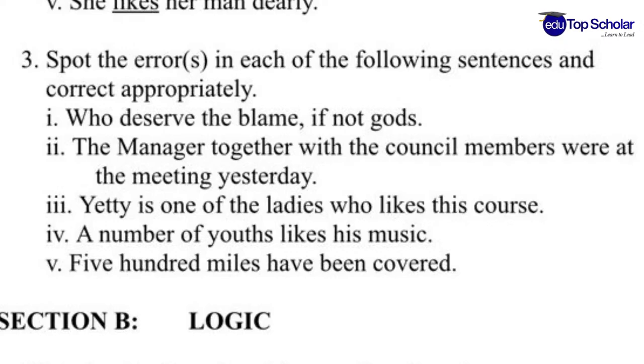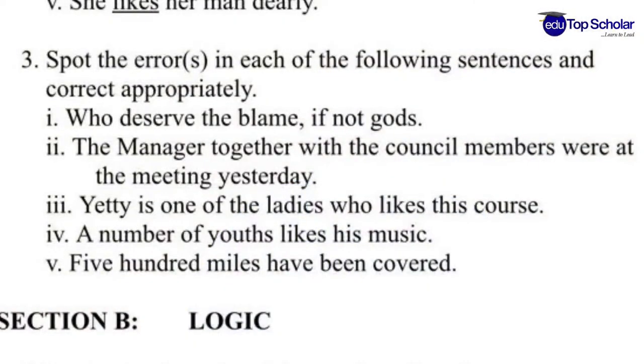Sentence number 2 now. The manager, together with the council members, were at the meeting yesterday. So there is a rule of concord that we call the accompaniment rule. The accompaniment rule says that when you have a singular subject with an accompaniment marker like together with, as well as, in conjunction with, in association with, you must treat the subject as singular.